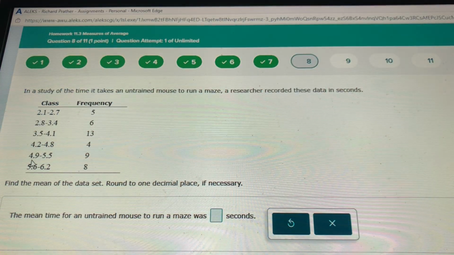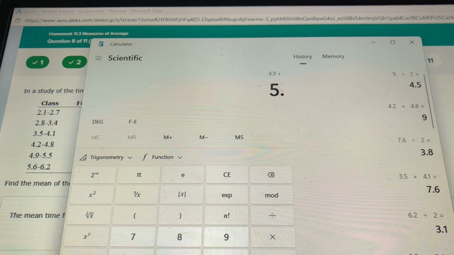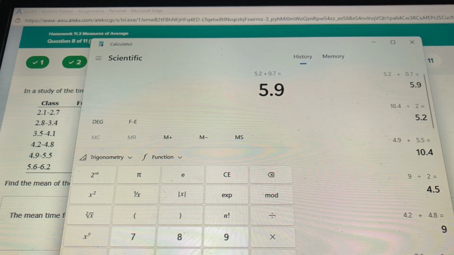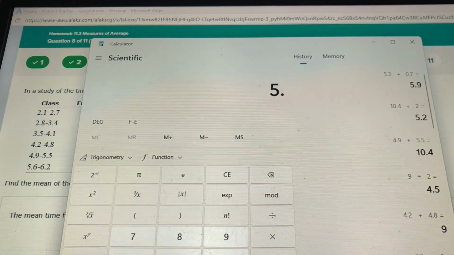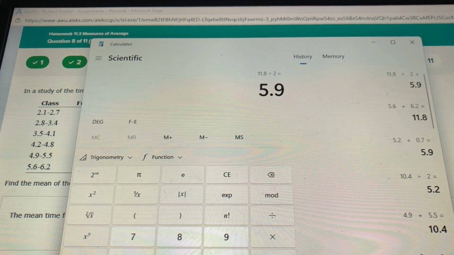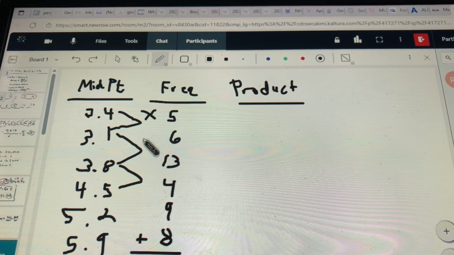But you can also do 4.9 plus 5.5 divided by 2. See, 5.2. So if you add 0.7 to that, the next one has to be 5.9. Take 5.6 plus 6.2 and divide by 2, it's 5.9. So they just gave us messier midpoints to work with.